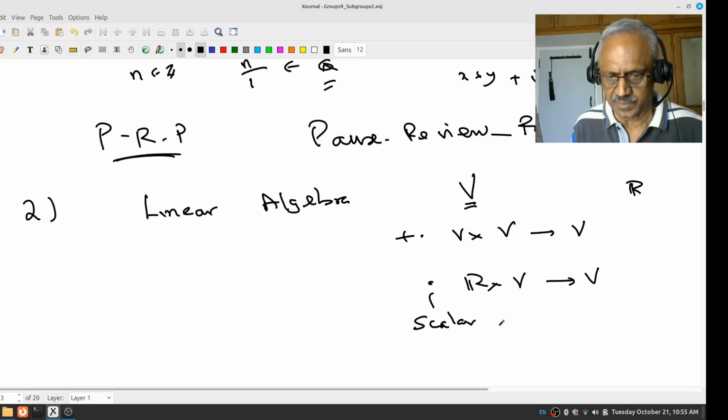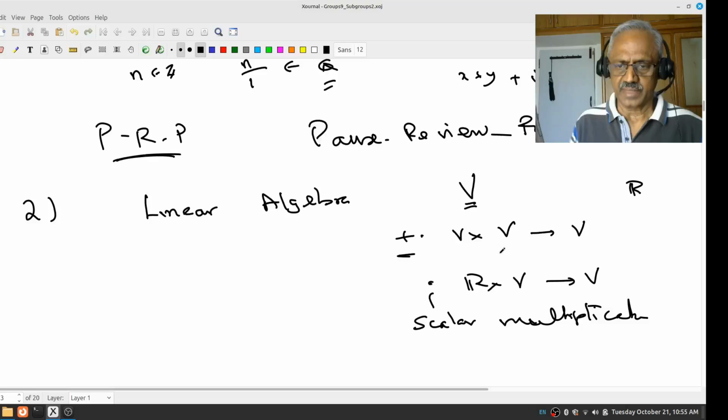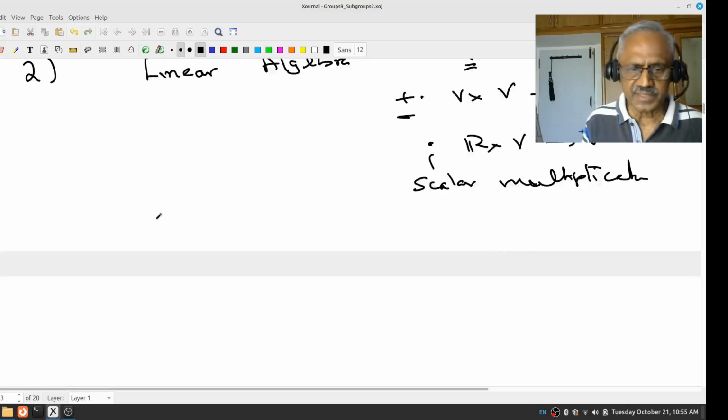Scalar multiplication. The dot operation is what I wanted to say. This is the vector addition, right? So under vector addition, V with this is an abelian group.